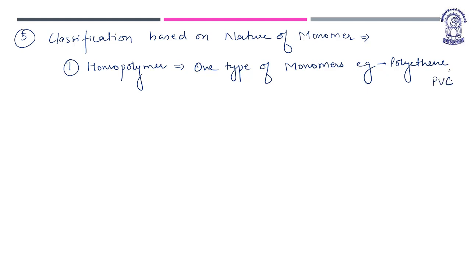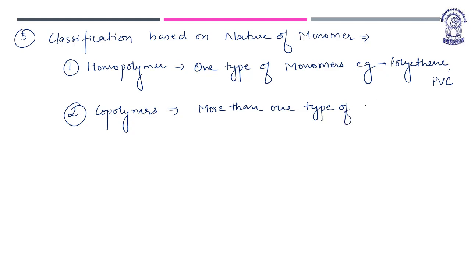Then copolymers include more than one type of monomer. They are also known as mixed polymers. As we studied in the previous slide, nylon 66 is formed with hexamethylene diamine and adipic acid.